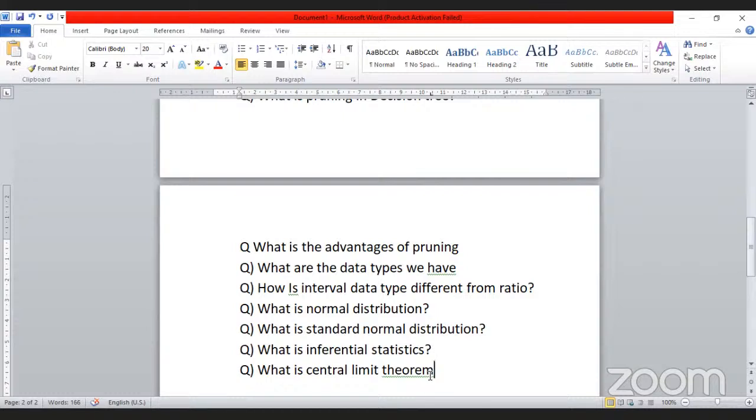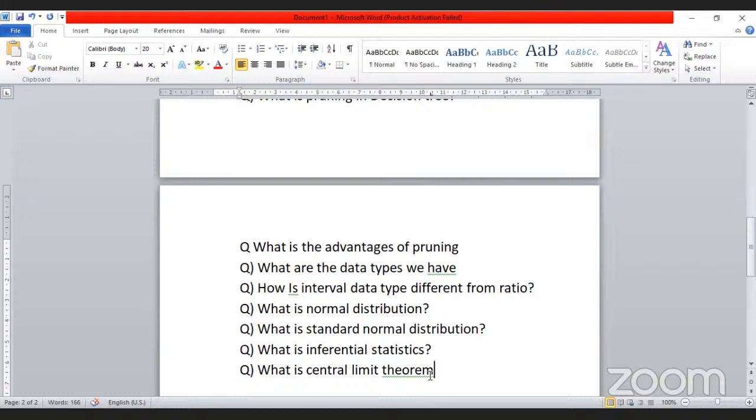So if we plot our population data, it will not follow a normal distribution. But if we take samples from that data and calculate the mean of each sample, and then plot the means of those samples, they will follow a normal distribution.